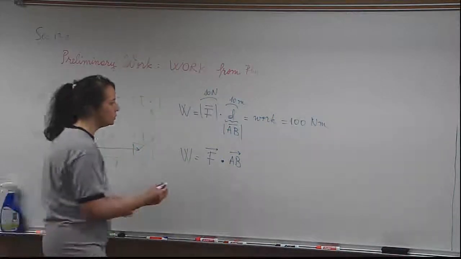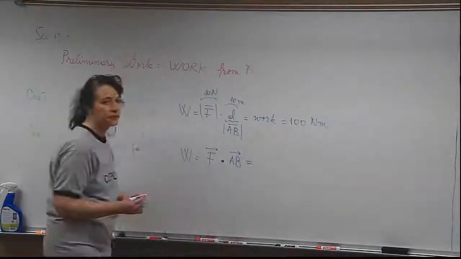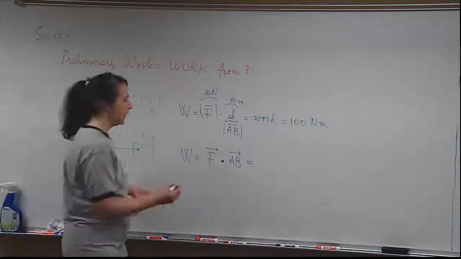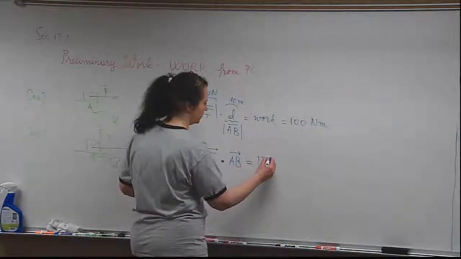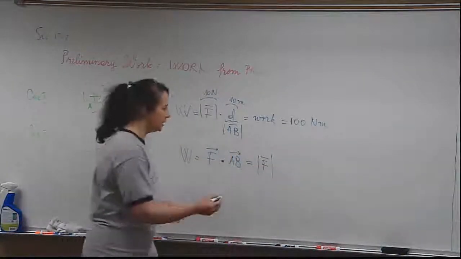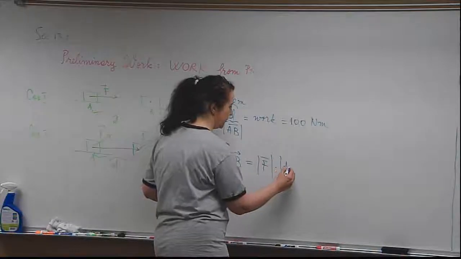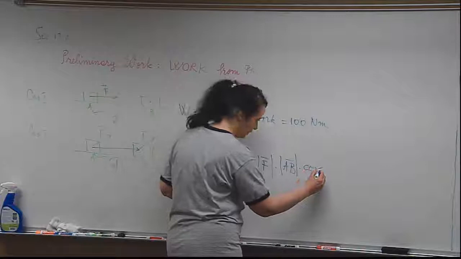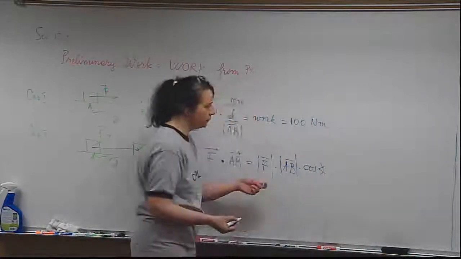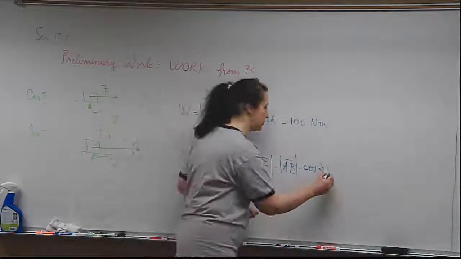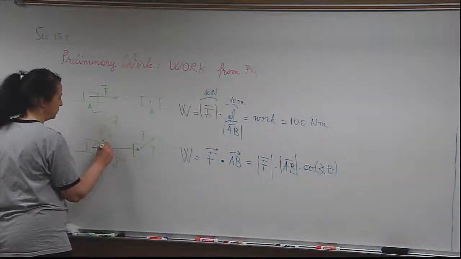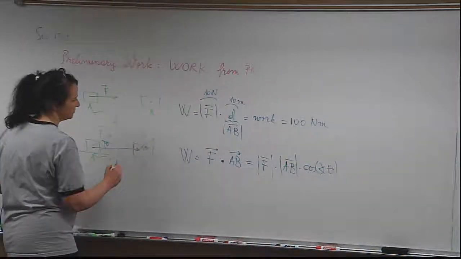If I were to express it, how would I express it? I'll say the magnitude of F, of course, in newtons, whatever it is, times the magnitude of the displacement vector, multiplied by the cosine of the angle between them. I'm too lazy, let's call it angle theta, because I don't want to include other notations.